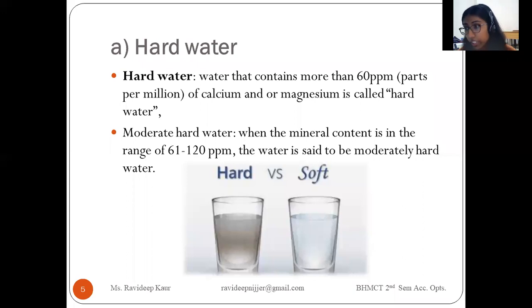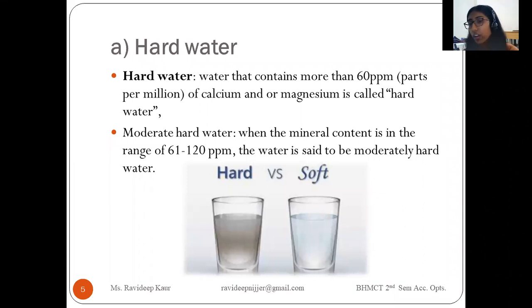In this moderate water, the mineral content ranges from 61 to 120, and as per this range, it is known as moderately hard water.